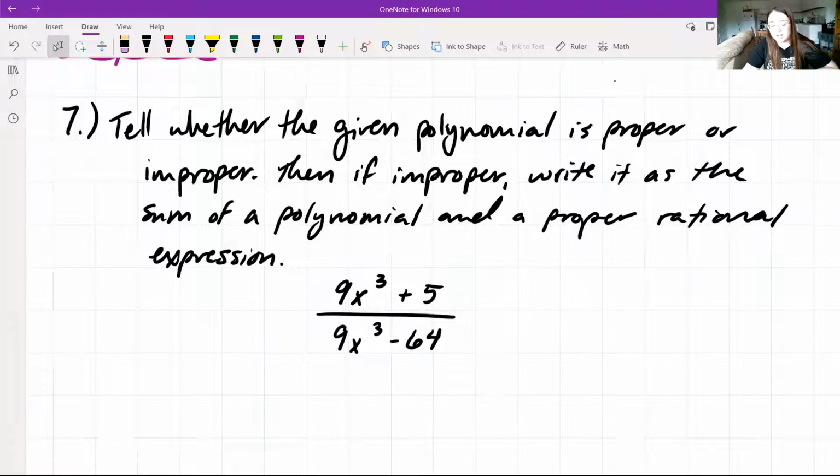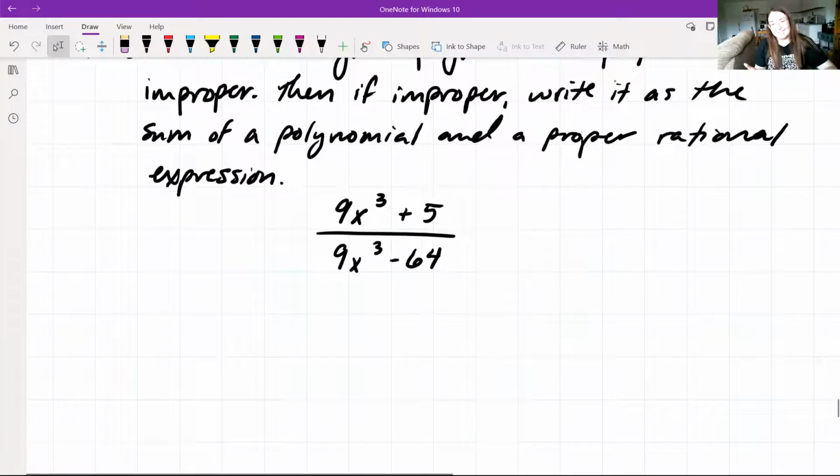Proper rational expressions have to have numerators with degrees less than the degree of the denominator. It has to be less than, not less than or equal to. So if they're equal, it's improper, which means that this is improper. So we can go ahead and write that up.